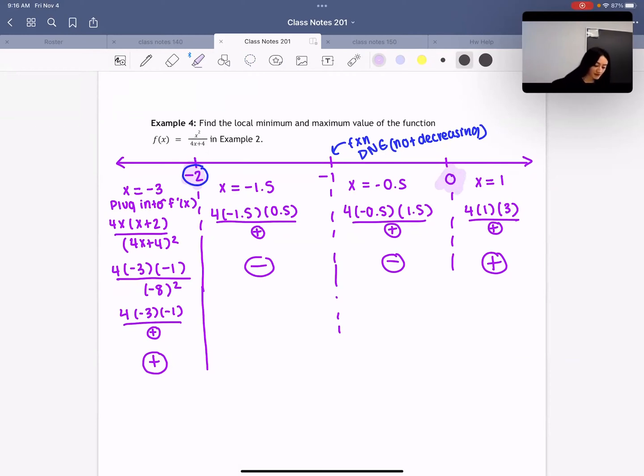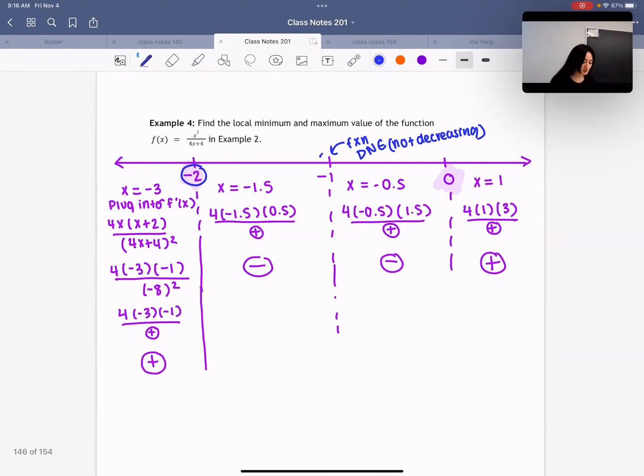Okay. Now let's just take a look at this chart. When we're dealing with local mins and maxes, we don't deal with places where the function doesn't exist because those aren't critical numbers. So I'm just going to throw this -1 out. Okay, we're not even thinking about -1. It can't be a critical value, even if the sign changes around it.